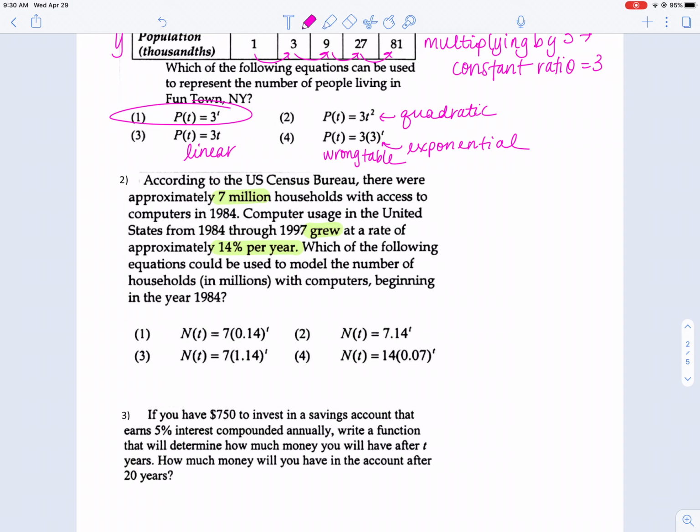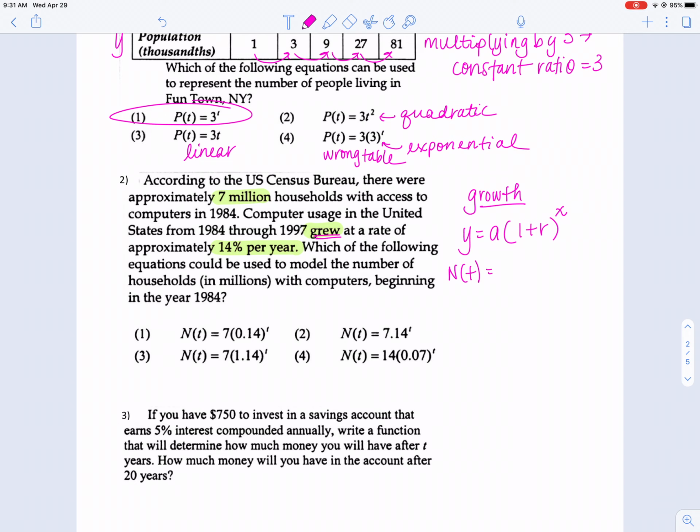So if we're hearing that word grew, we know it's got to be growth. So what's our growth formula? Y equals A, 1 plus R to the X. Okay, so here instead of Y, they're using this N of T. Okay, the number of people using these computers in 1984.